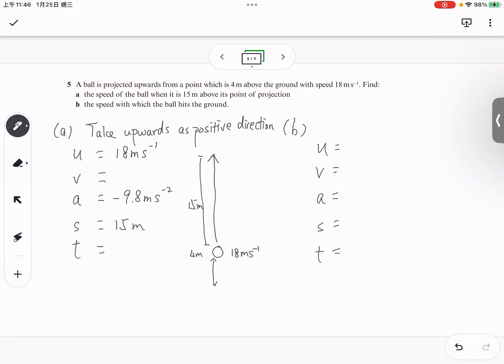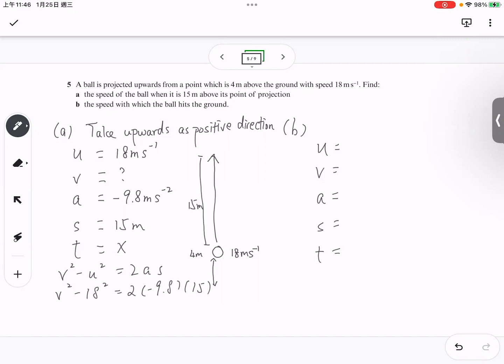That means I'm going to find v, so I do not need t. So we have v, u, a, s, and I'm going to use v squared minus u squared is equal to 2as. So that will be v squared minus 18 squared equals 2 times negative 9.8 times 15 meters.